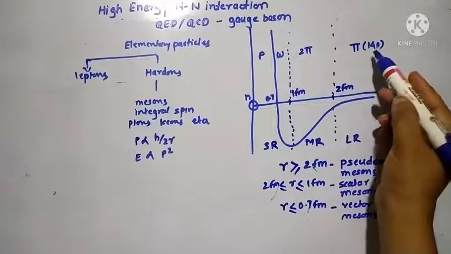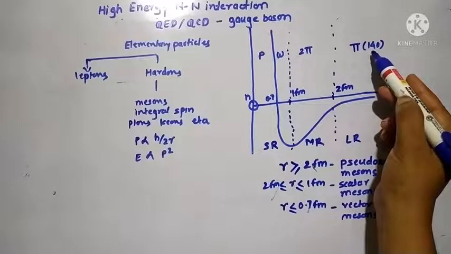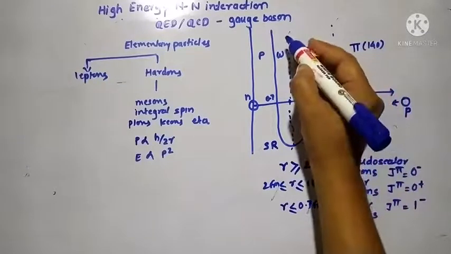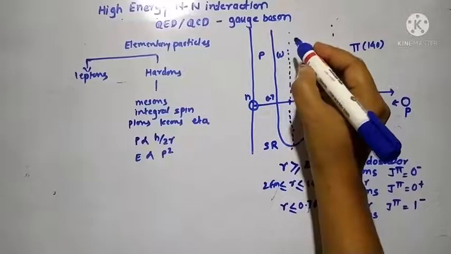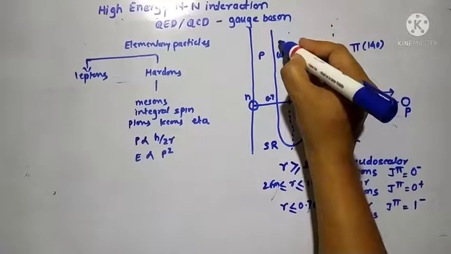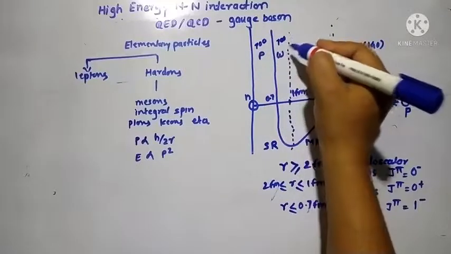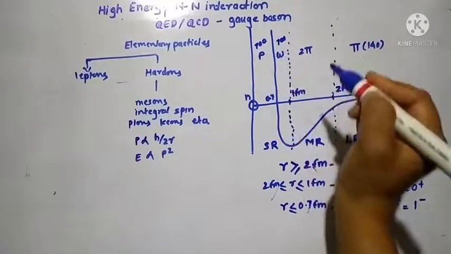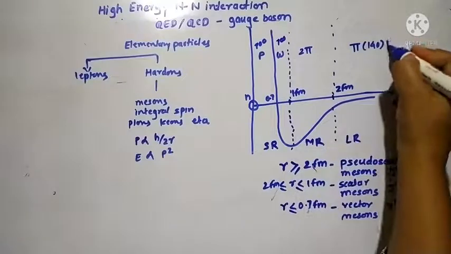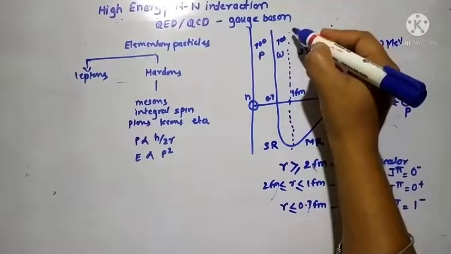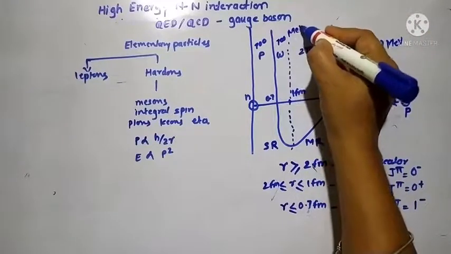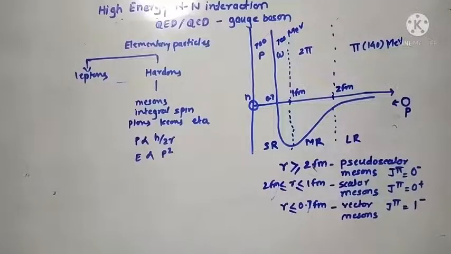For example, pions are 140 MeV, whereas the mass of the omega is nearly 700 MeV. So the mass of the rho and omega mesons is nearly 700 MeV. So these masses are in MeV.